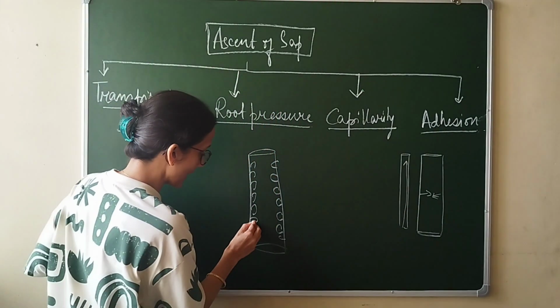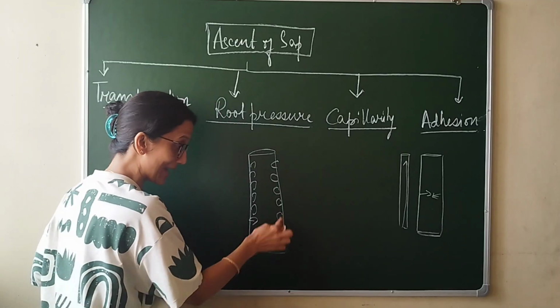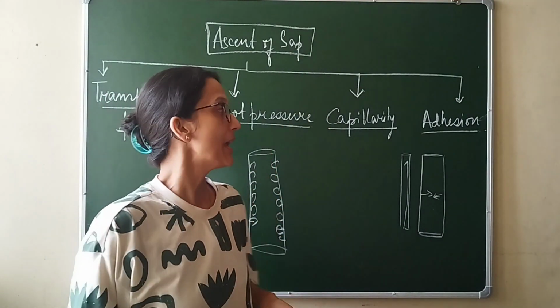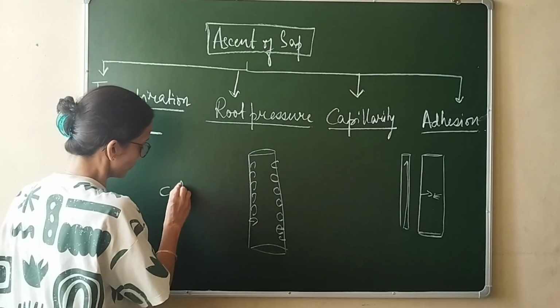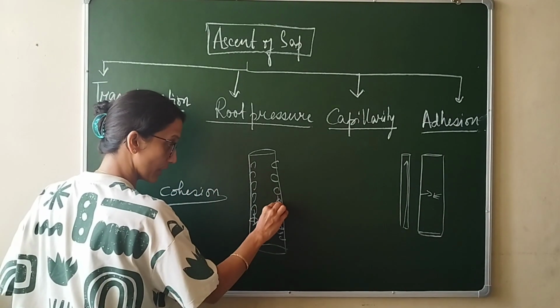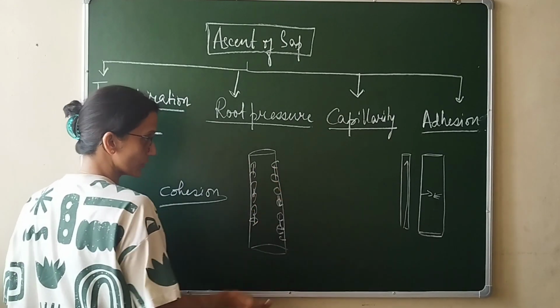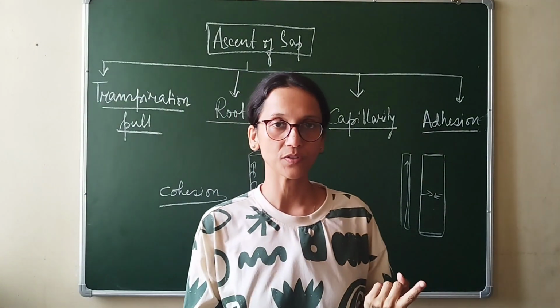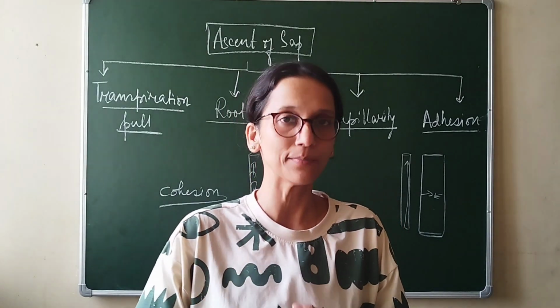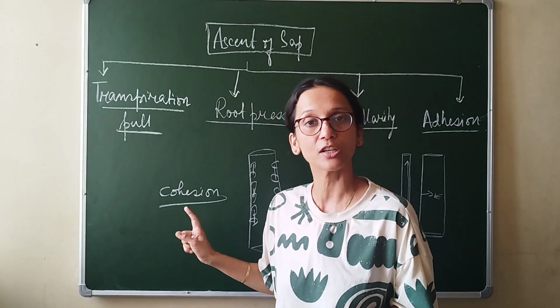So there is attraction between the water molecules and the cells of the plant. This is helping in pulling them upwards. There is another force also which is known as cohesion. Cohesion is that force which is between two water molecules. That is equally important for this ascent of sap. So when there is a force of attraction between two different molecules, we call it adhesion, and if it is between two similar molecules, like between two water molecules, we call it cohesion.